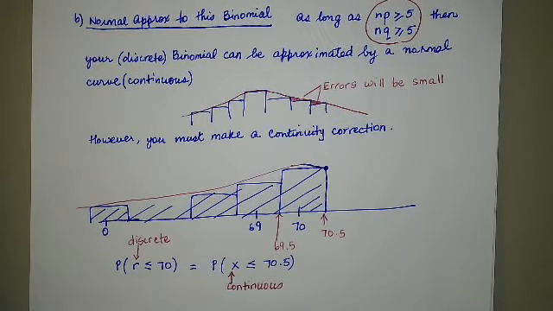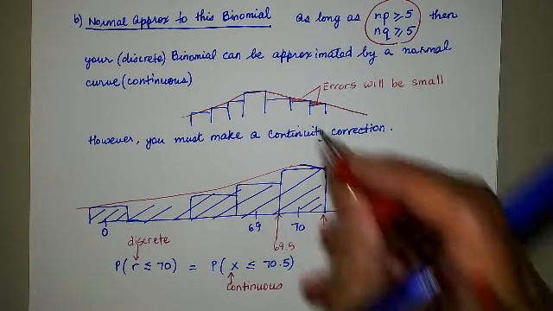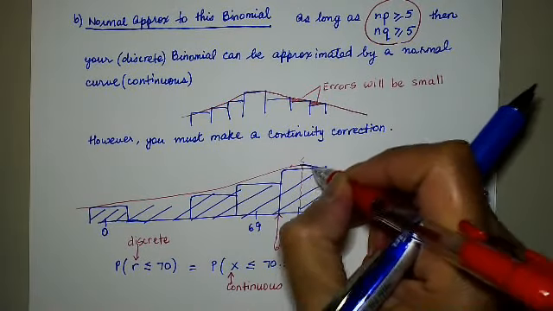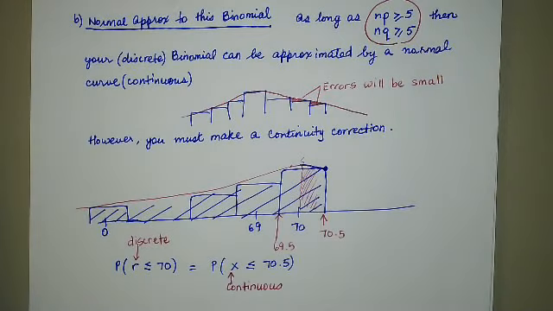Are you with me? So I'm saying that I better sum all the way to 70.5, not just to 70, because if I didn't, then I would be off by this much.